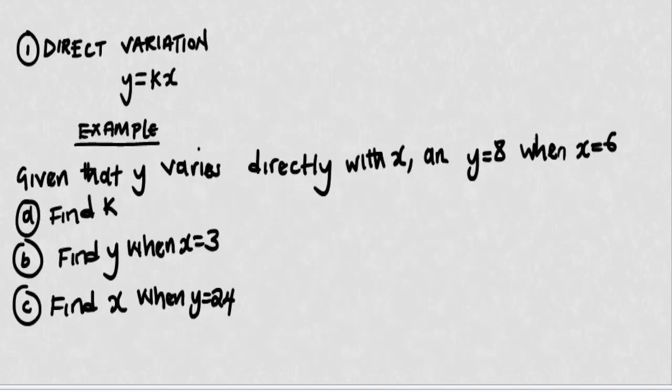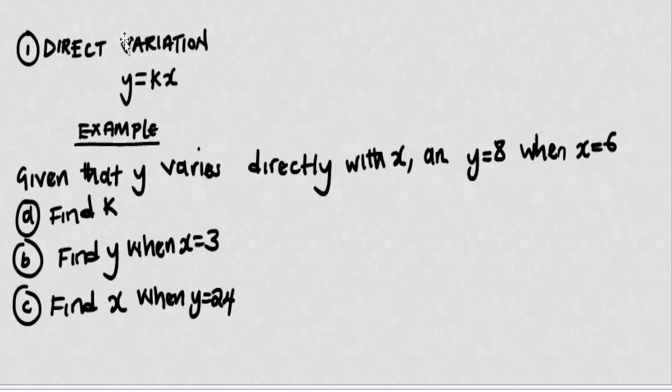Right, direct variation. Direct variation is a type of variation where if one variable is increasing, the other variable will also increase. If one variable is decreasing, the other variable will also decrease.